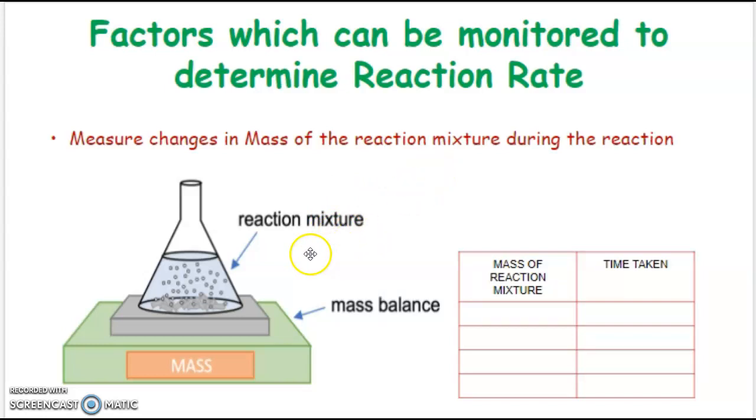And so what we can therefore do is place the reaction chamber or the reaction mixture on a balance, and throughout the course of the reaction, monitor the mass of the chamber at specific time intervals, and that information can be tabulated.